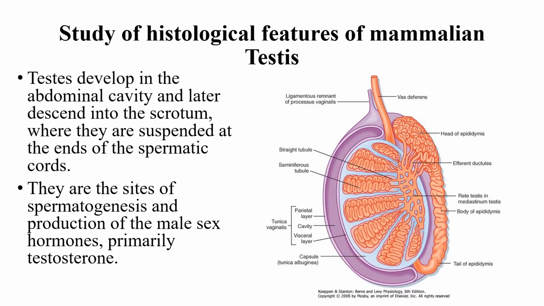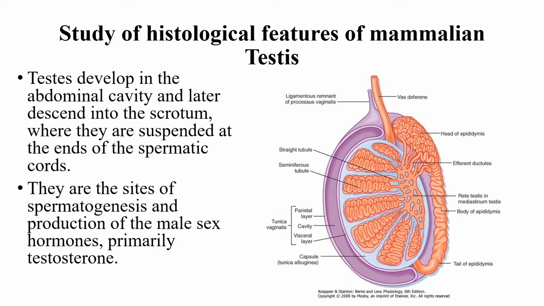Each male mammal is equipped with two testes, which are generally hung down from a sac called scrotum in order to maintain a bit lesser temperature than the normal body temperature of the mammals, which is very important for normal spermatogenesis to take place.